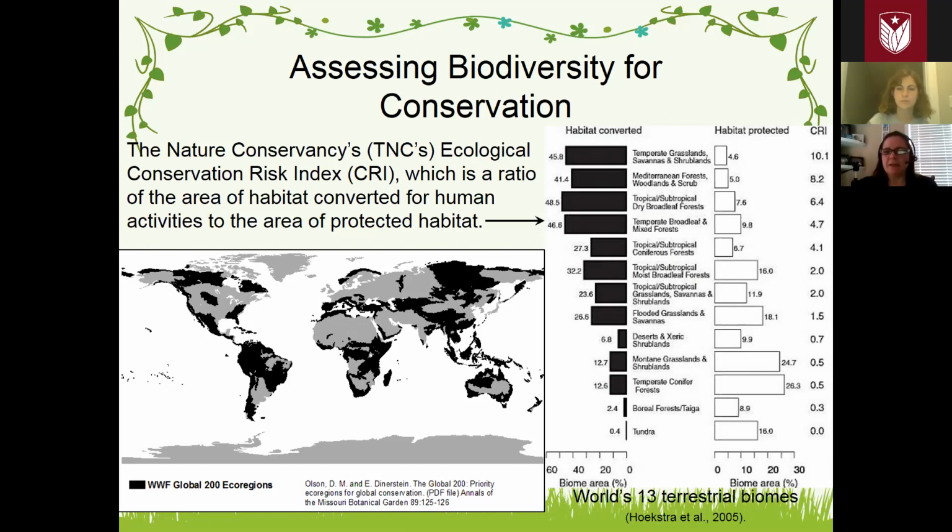The chart on the right shows the world's 13 terrestrial biomes. They call these different ecosystems.